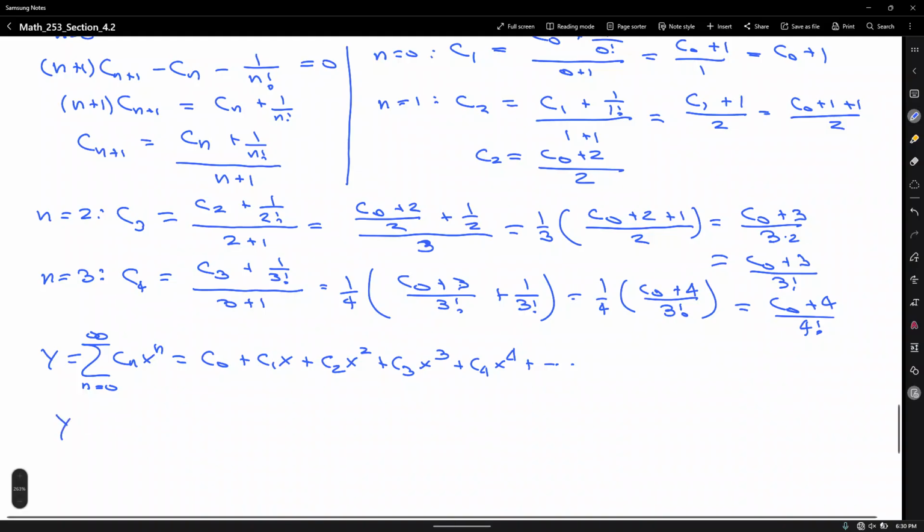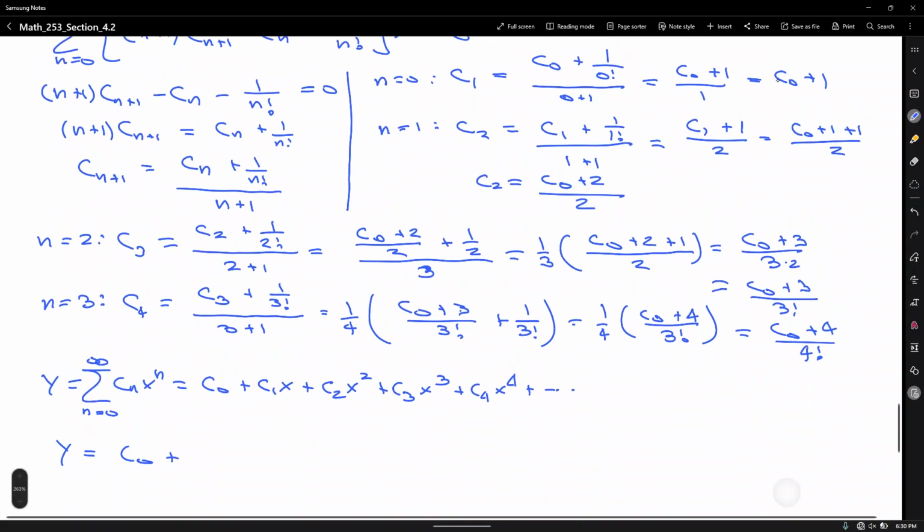So y equals c sub 0 plus, what is c sub 1? C sub 1 equals c sub 0 plus 1, so c sub 0 plus 1 times x, plus c sub 2, which is c sub 0 plus 2 over 2.